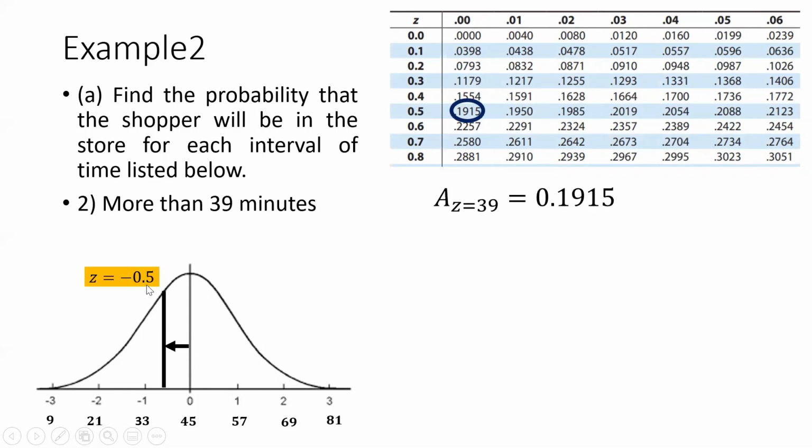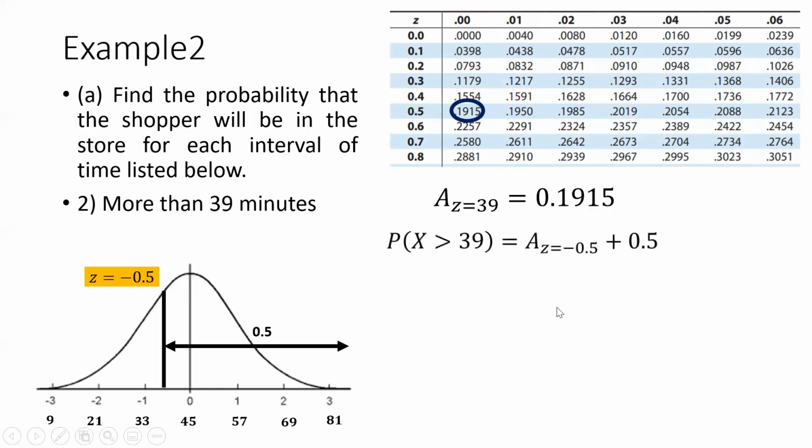Now, we are asked to find the probability that the shoppers will be in the store for more than 39 minutes, meaning from negative 0.5 going to the right. We know that half of the distribution, the area is 0.5, and the area from 0 to negative 0.5 is 0.1915.